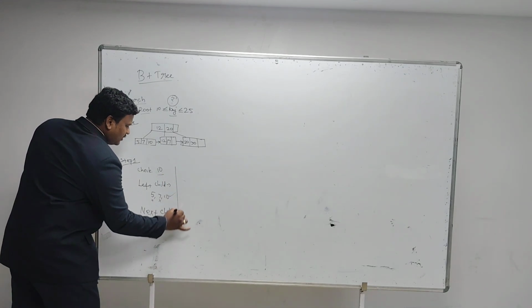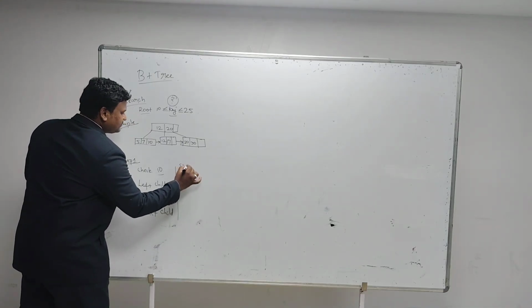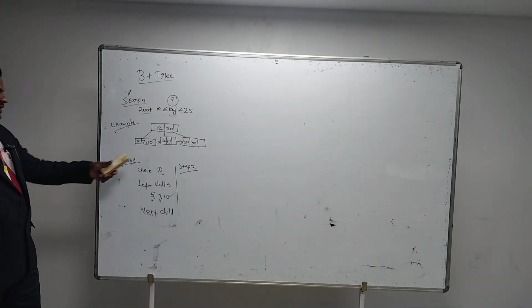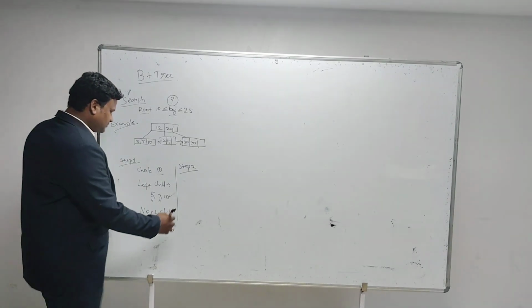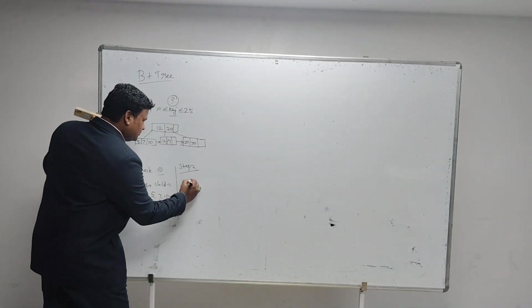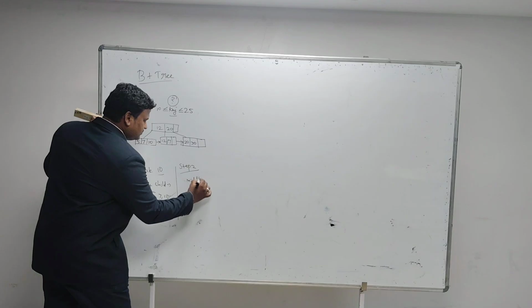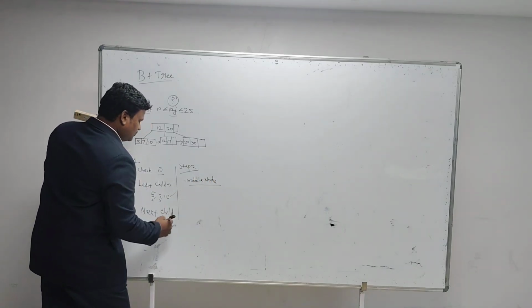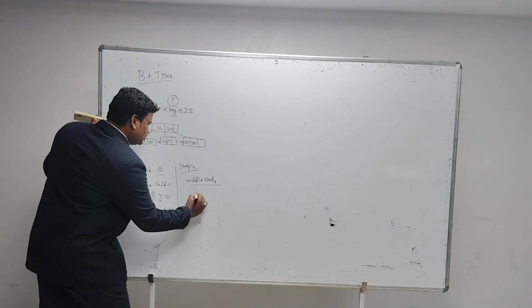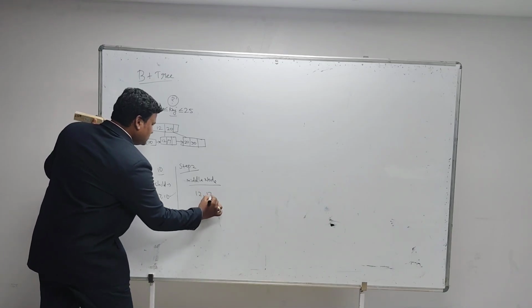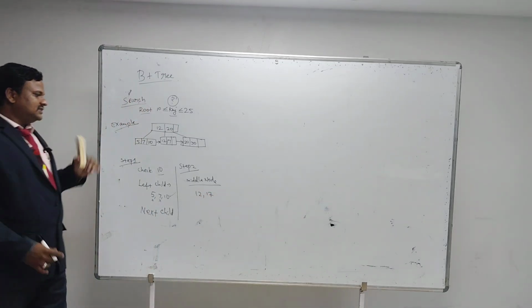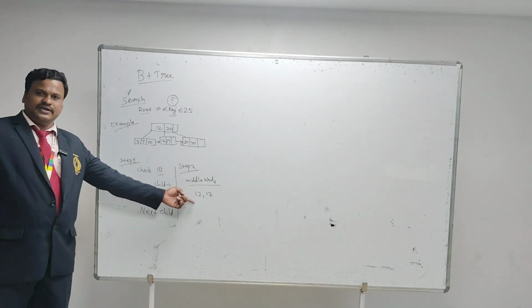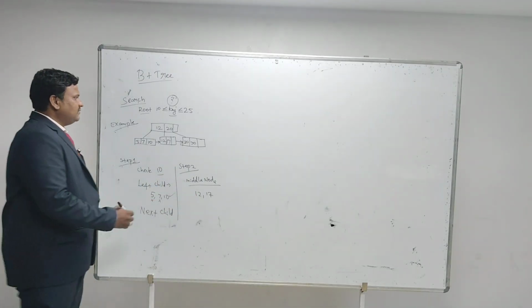That comes under step 2. Okay, from this we have the middle node. What are the keys we have? 12 and 17. Okay, so this 12 and 17 we have here.